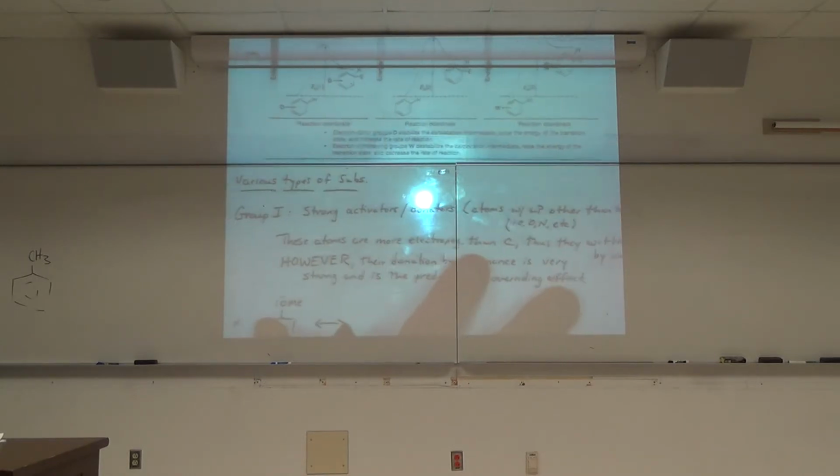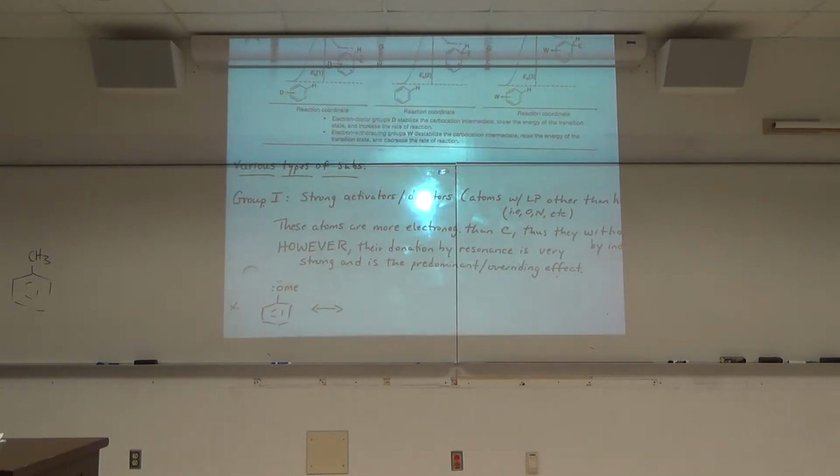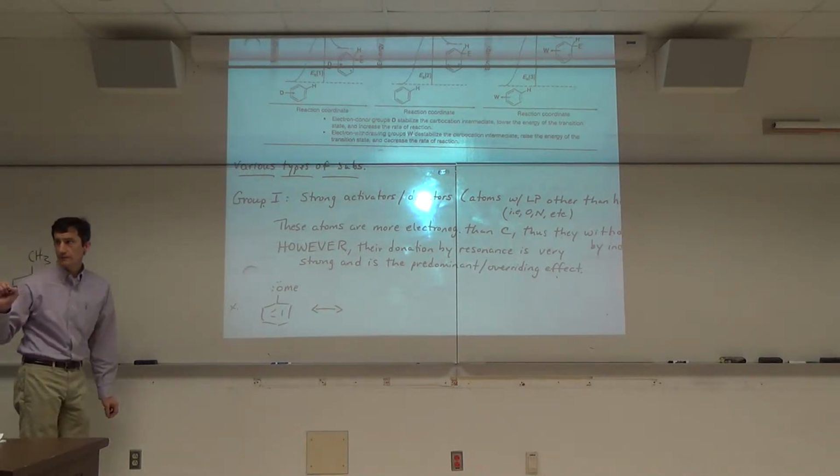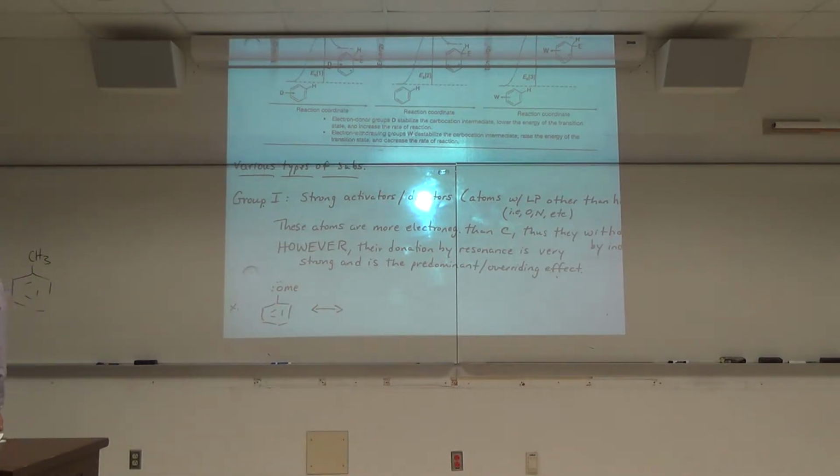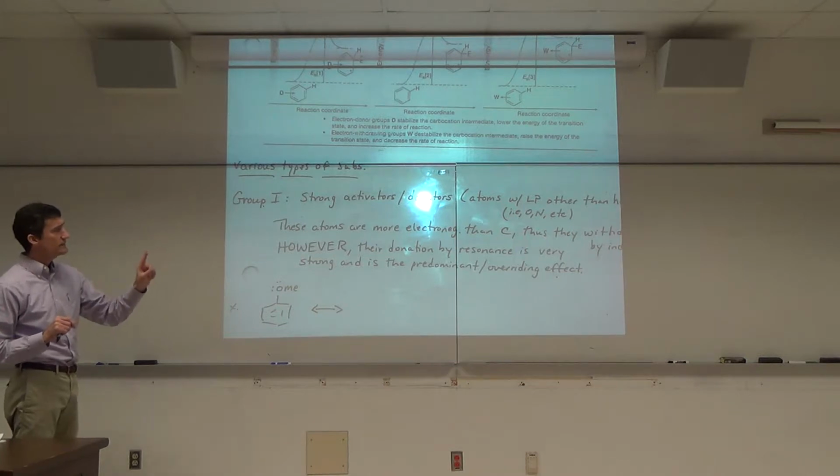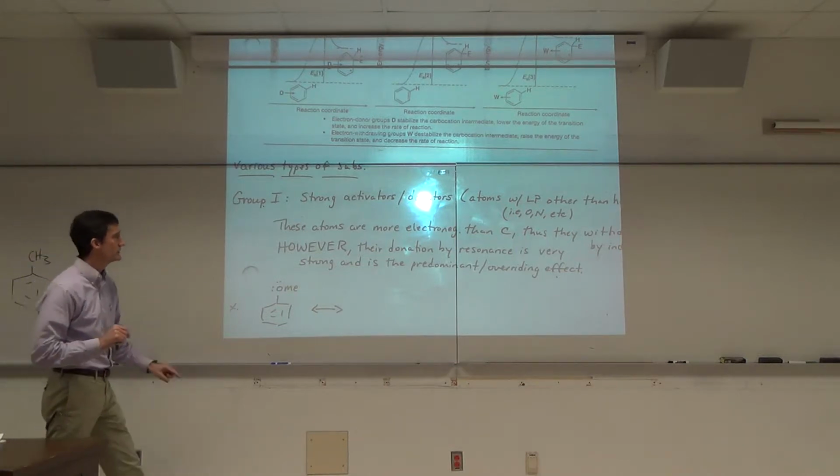Types of groups. I group mine into 4 different groups, Roman numeral 1 through 4. Some textbooks, or most actually, group a little differently, and one of the handouts I give you is a little different. My group 1 is called strong activators or donators.